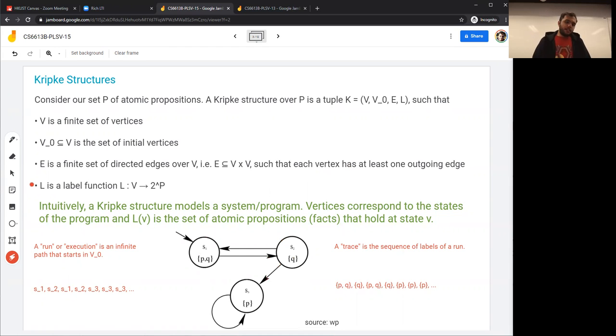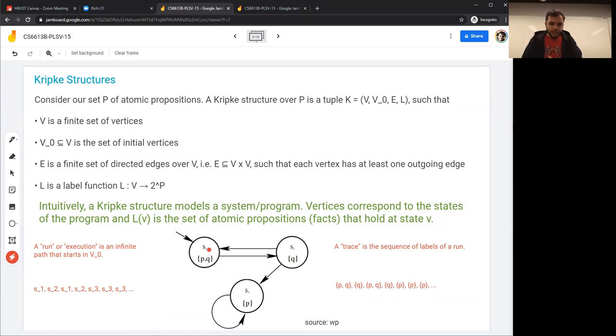But what's a little bit different with Kripke structures is that there is also a function L that assigns a set of atomic propositions to every state. And we call this set the label of that state. So for example, the label of S1 is P and Q. The label of S2 is just Q. The idea is that this models some software system or a program.